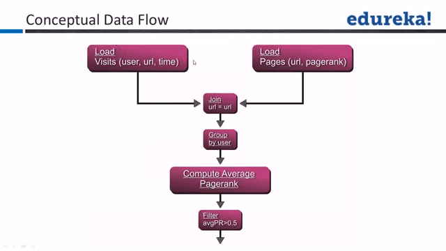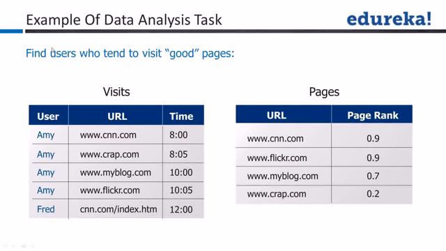Is that fine now, Vipul? That was my earlier problem statement itself, right? Find users who tend to visit good pages. So a user who on average visits pages with a page rank of more than 0.5 will be a good user, right?